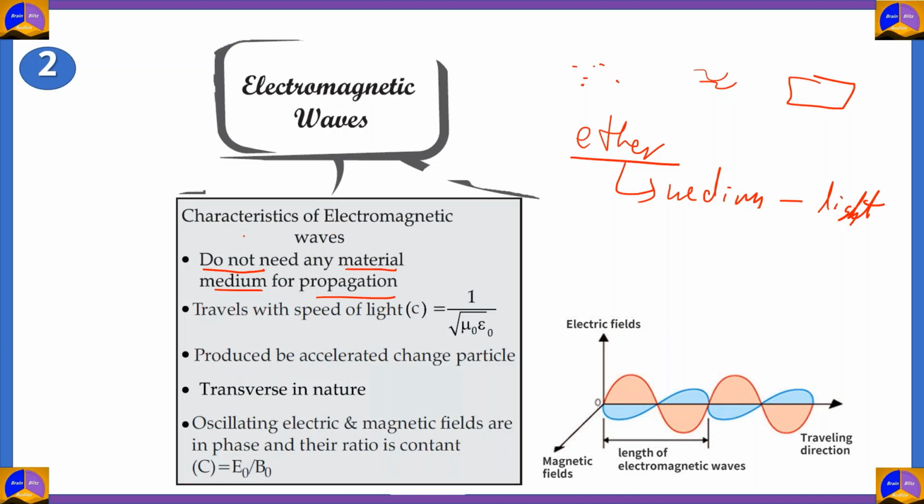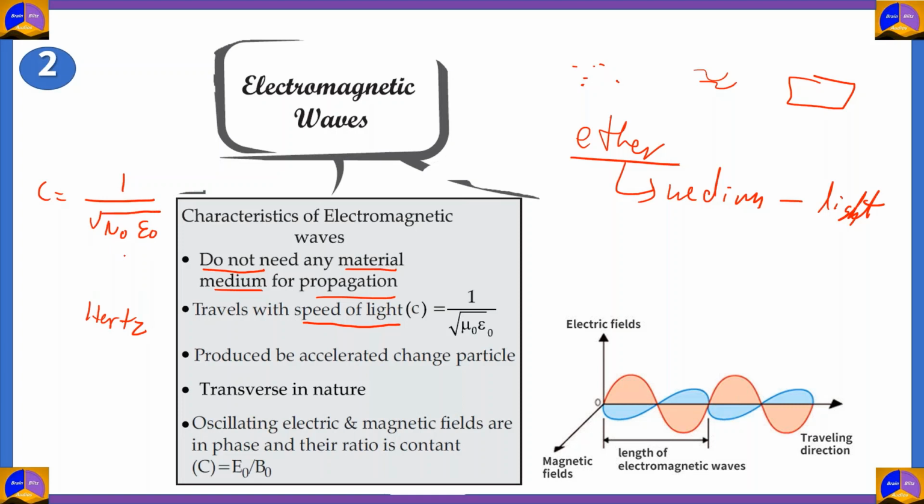The next characteristic states that electromagnetic waves travel with the speed of light. Now this was proved by Heinrich Hertz, and he propagated the formula for speed of light based on the electric and magnetic fields. So the formula is c is equal to 1 by root of mu naught times epsilon naught.